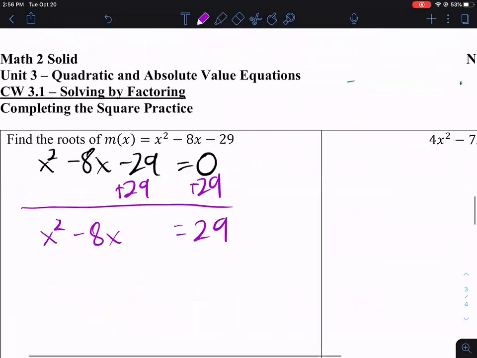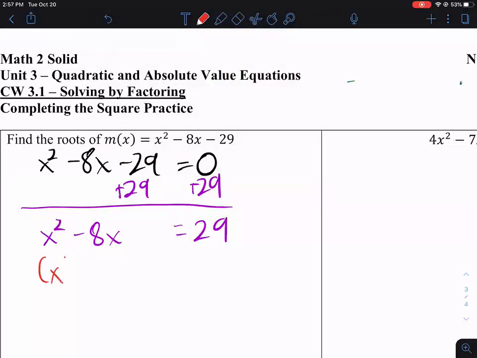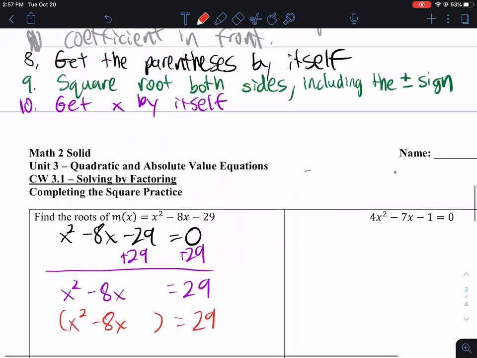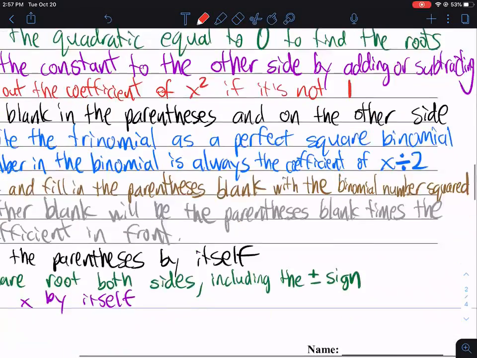Well, in this problem, it is a 1, right? It's an invisible 1, so there's nothing to factor out. We can still put it in parentheses if we want, but there's nothing factored out. Okay, next step, put a blank in the parentheses and on the other side.